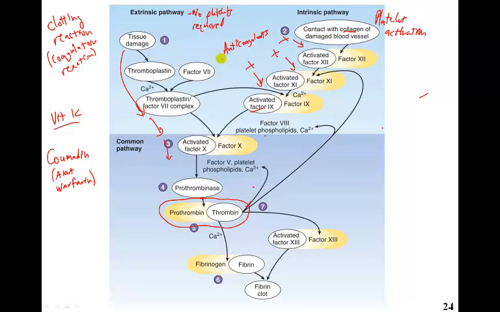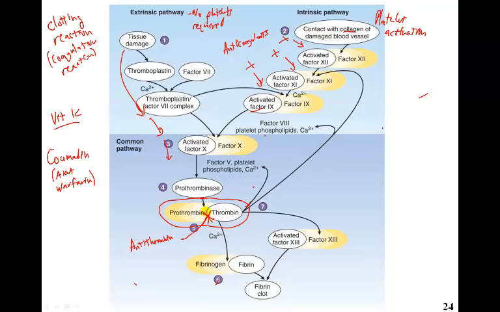And I want to point out a couple of important anticoagulant molecules. So there's a molecule called antithrombin that can basically break thrombin down, can just cleave thrombin and inactivate it.